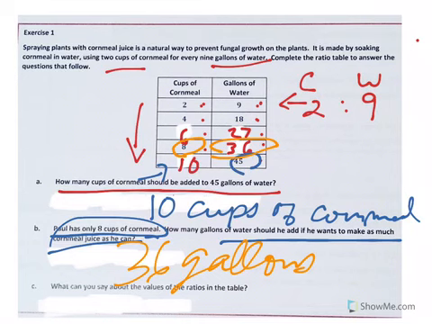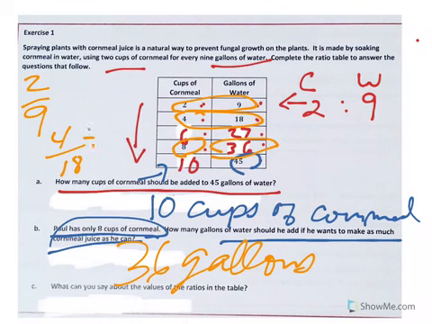What can you say about the values of the ratio table? What you hopefully have noticed is that they're all equivalent: 2/9, or 2 to 9, 4 to 18, on down the line. If you look at 2/9 as a fraction, that is simplest form. If you look at any of these other ones, we'll just go with 4/18, you can divide that by 2 as your magic number, and you're going to get 2/9.